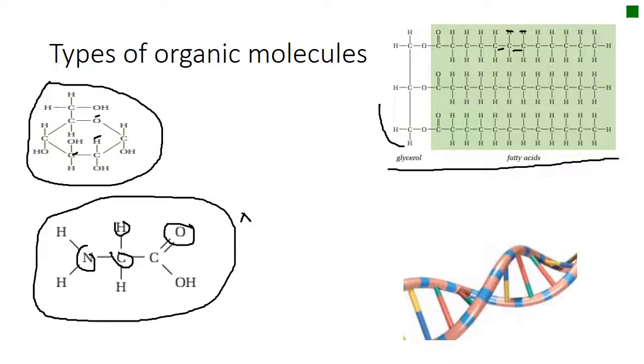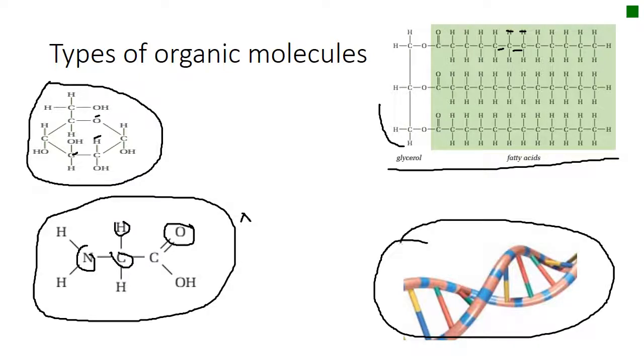Another class of organic molecules kind of falls in on its own, in that you don't typically go out of your way to eat it, as these are examples of macromolecules, large molecules that we need for nutrition.